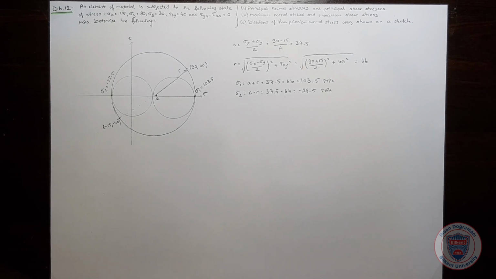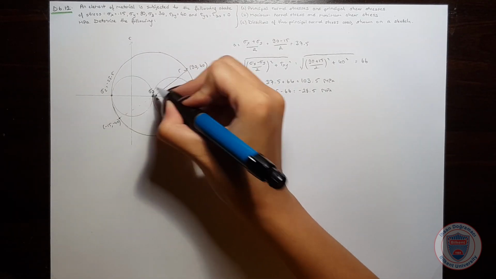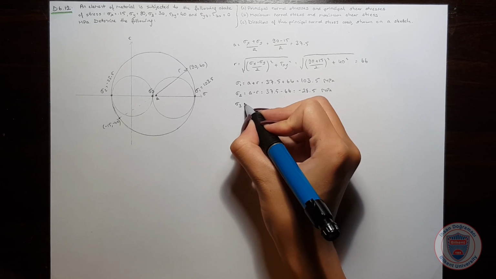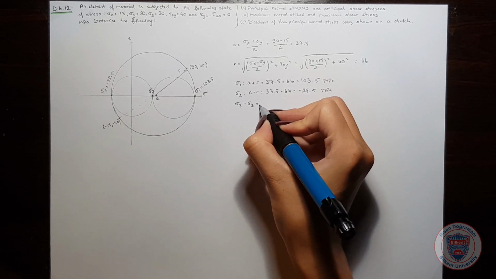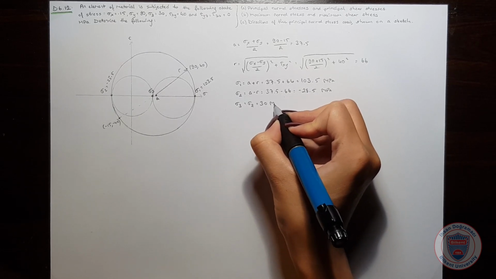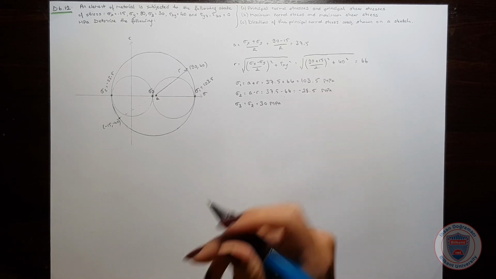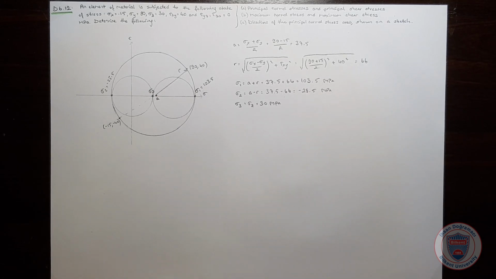We know that sigma z is 30 and it will be equal to sigma 3. So that's all for the principal normal stresses.